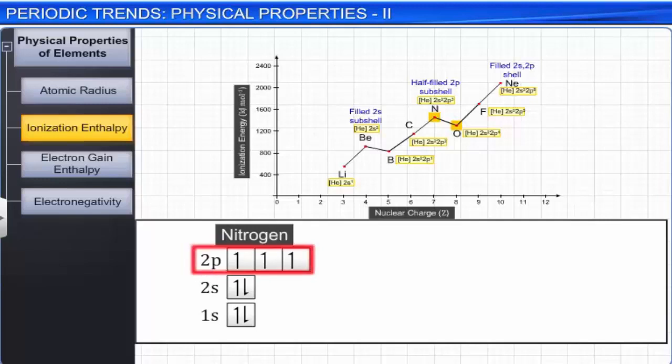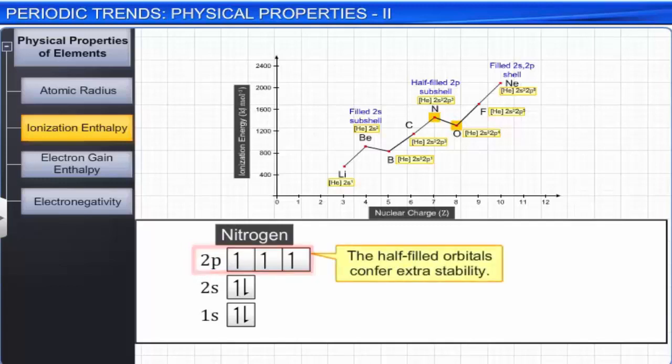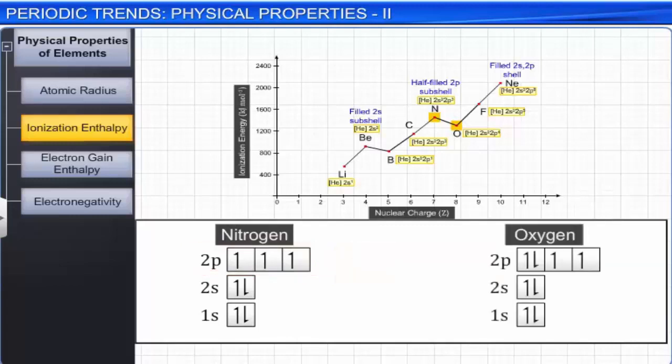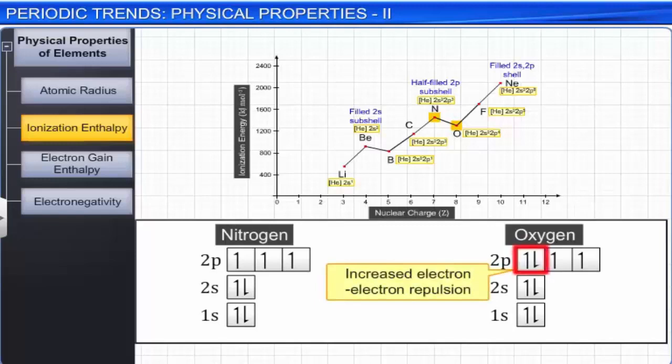However, in the oxygen atom, 2 of the 4 2p electrons occupy the same 2p orbital. This results in increased electron-electron repulsion. Hence, it requires less energy to remove the 4th 2p electron from oxygen than to remove one of the 2p electrons from the stable half-filled nitrogen atom.